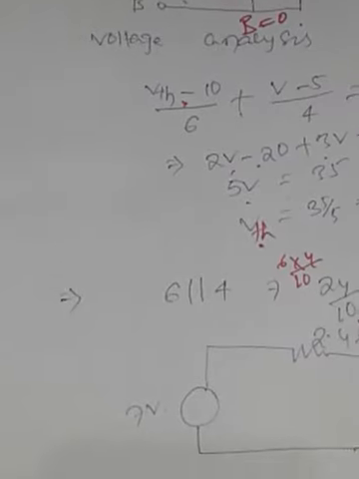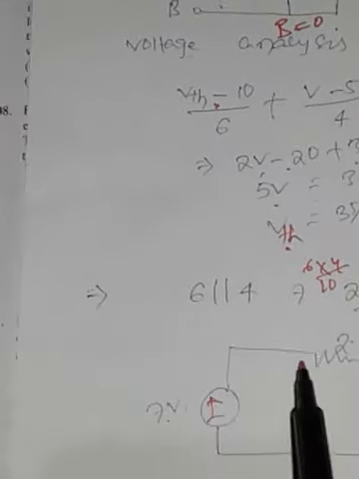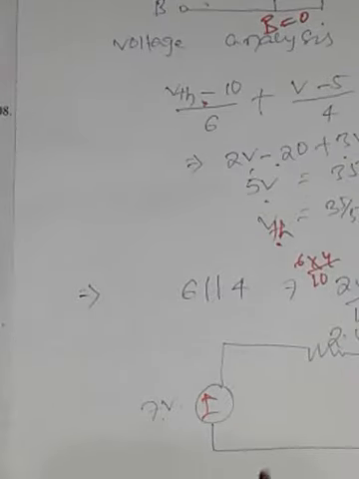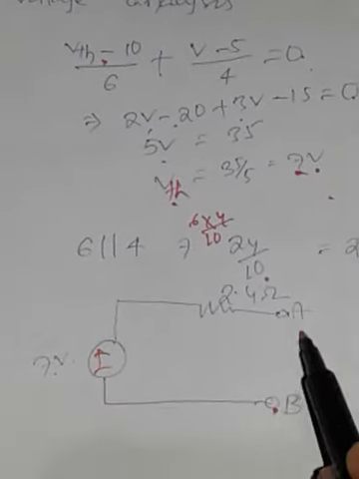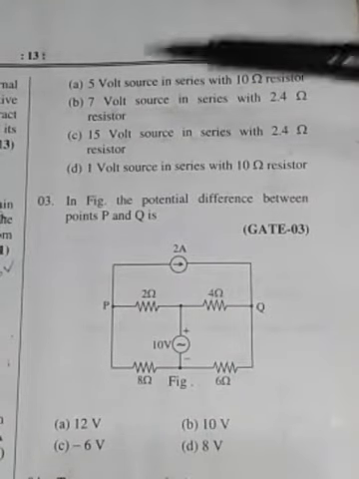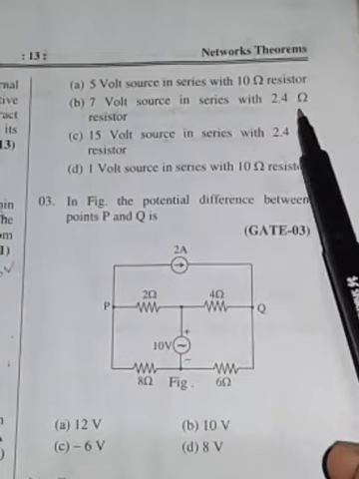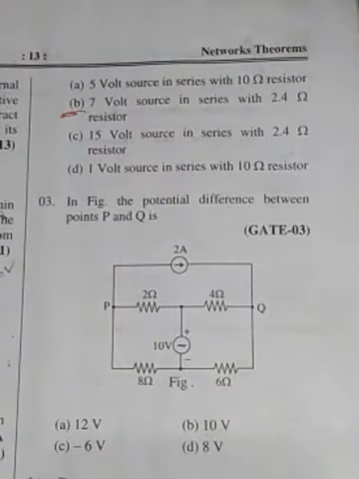So finally the equivalent is a Thevenin's 7 volt in series with 2.4 ohm, across terminals A and B. These are the 4 options they have given. We have got 7 volt in series with 2.4 ohm, so option B is the correct answer in question number 2.